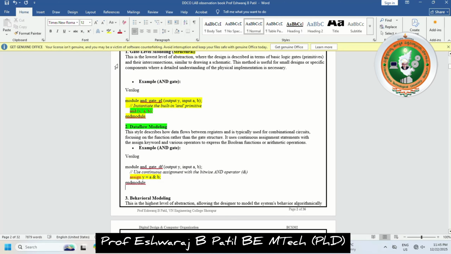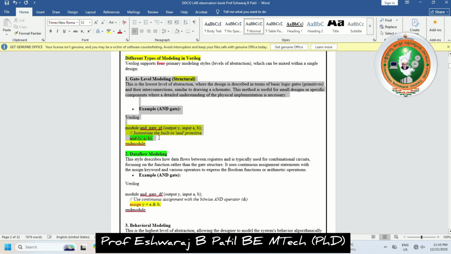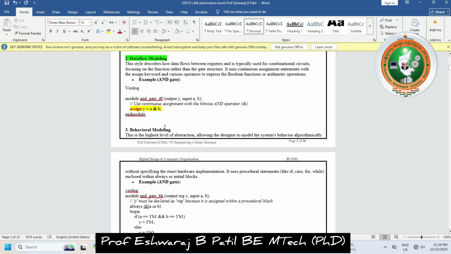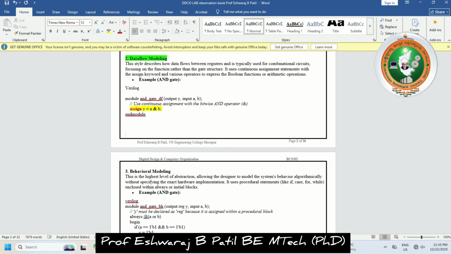Assign Y equals A ampersand B. Instead of using the gate name, the AND operator is represented by the ampersand, so A ampersand B. This is the writing of the code for the AND gate in the data flow model.